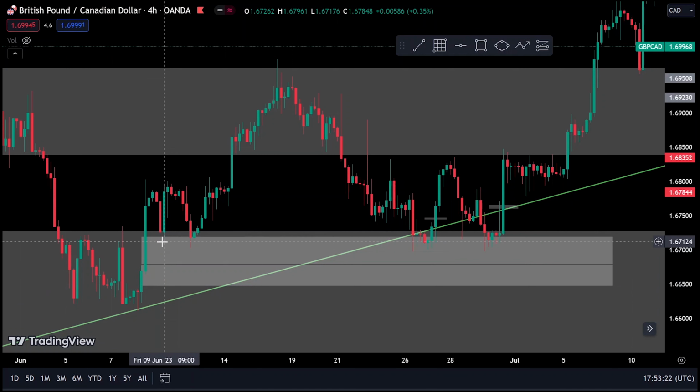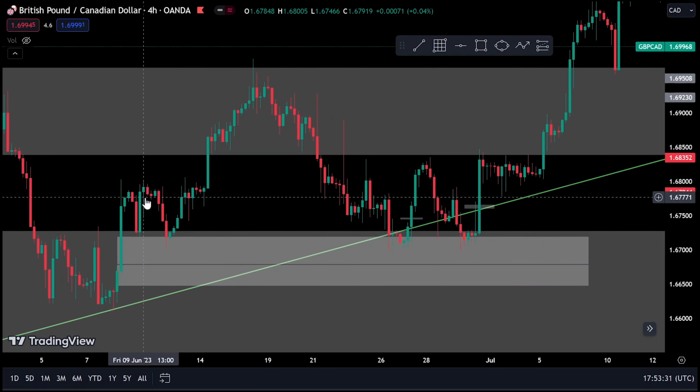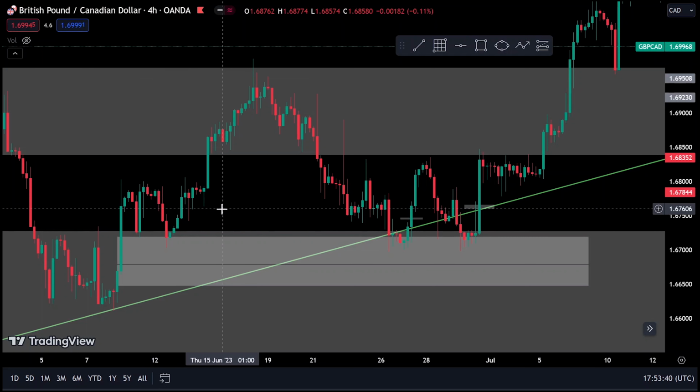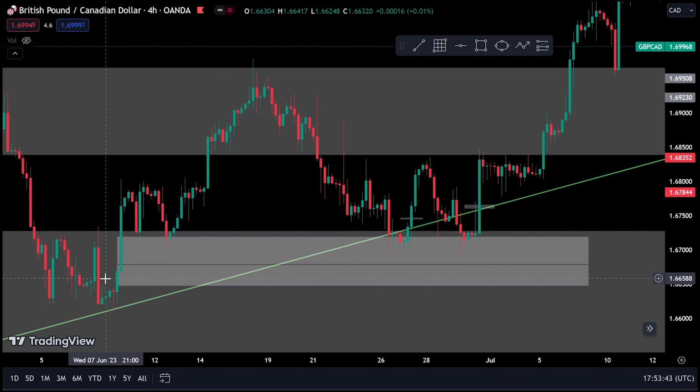Okay, and in the explanation I said that with fair value gaps, price will go up or wherever and come back to tap into the fair value gap to take out liquidities and to take out retailers and sell stops that are residing below. So we can clearly see from here, after this run up, retailers are going to be like, oh yeah, the market is going to go up, so let us buy.